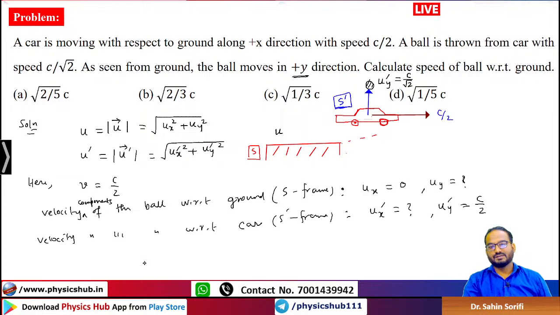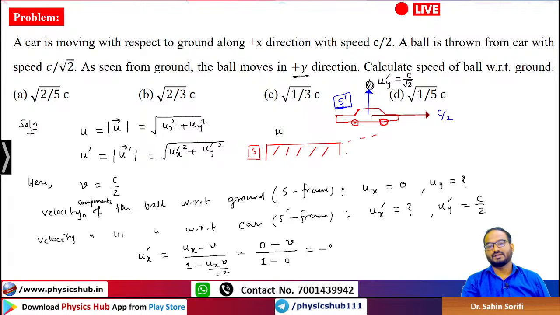So what will be ux prime? Okay, ux prime, let's calculate. Ux minus v divided by 1 minus ux into v by c square. Ux is 0, minus v divided by 1 minus 0, so it is minus v. So ux prime is equal to minus v.